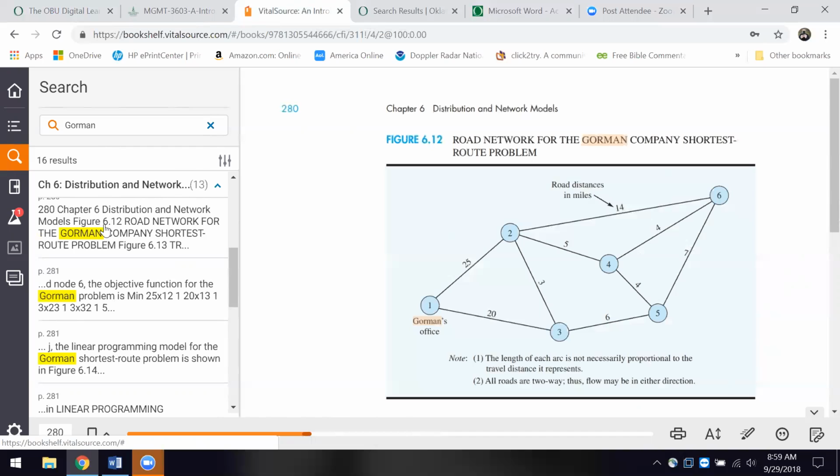CPM stands for Critical Path Method. So when we have a network problem like this, we have a series of routes that we can take.